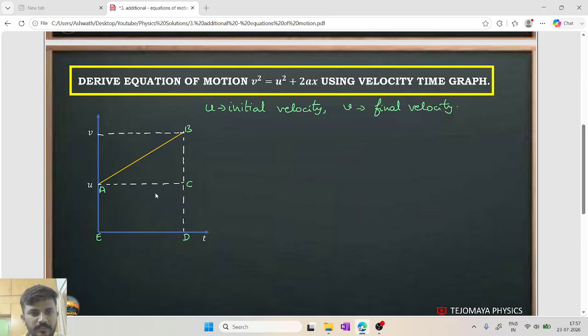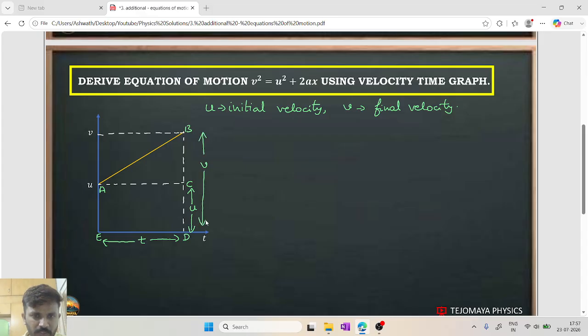All those things you can write. Let me consider DE length is time t, DC length is u, the initial velocity, and BD length is v, the final velocity.